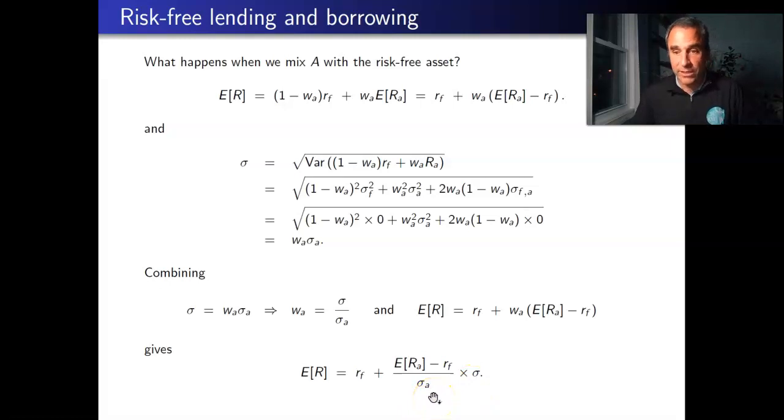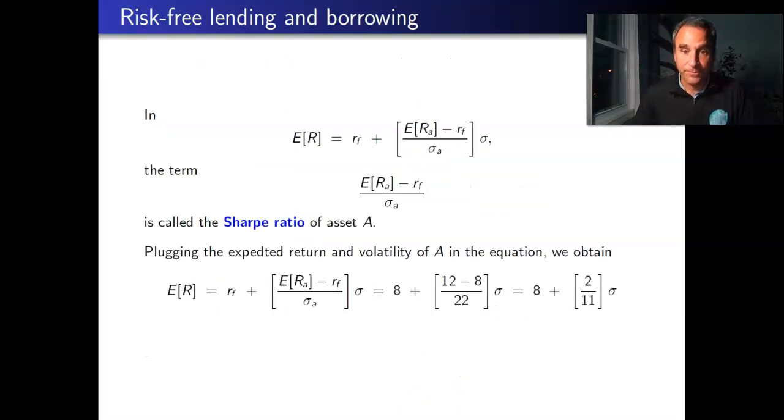This ratio is called the Sharpe ratio. So the expected return of the asset minus the risk-free rate divided by the standard deviation of the asset is the Sharpe ratio. So for the amount of risk you take when you invest in A, how much more than the risk-free rate do you obtain?